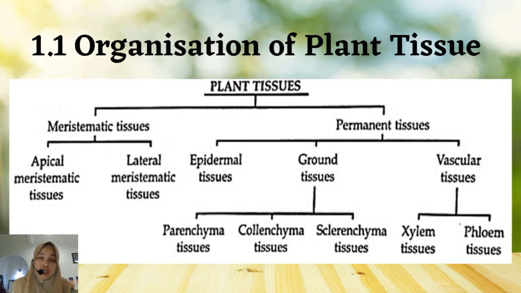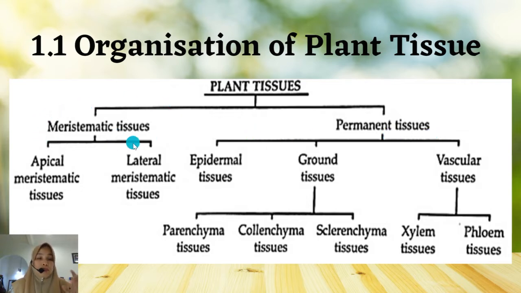Plant tissues can be divided into two main types of tissues. What are they? Meristematic tissues and permanent tissues. You have to know that in plant tissue there are only two main types of tissue.